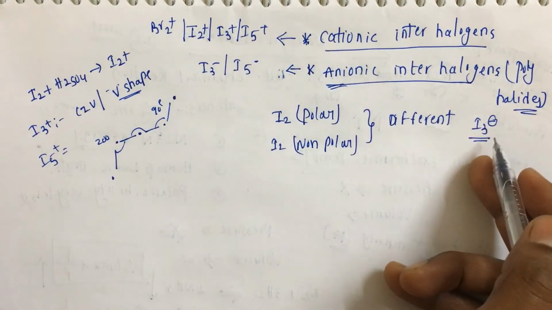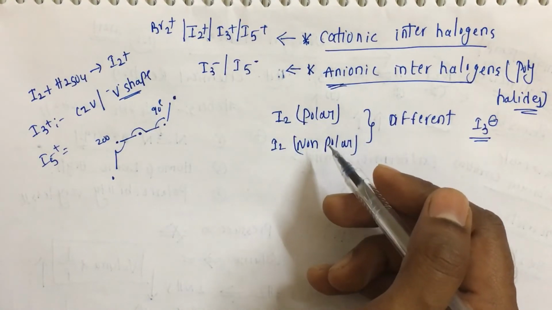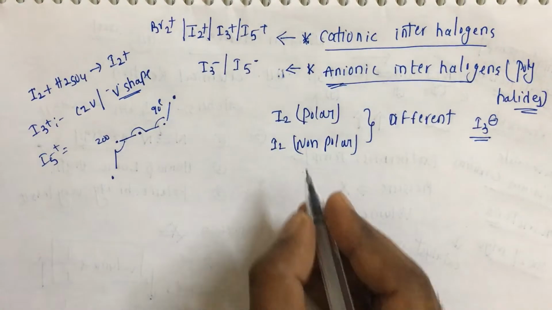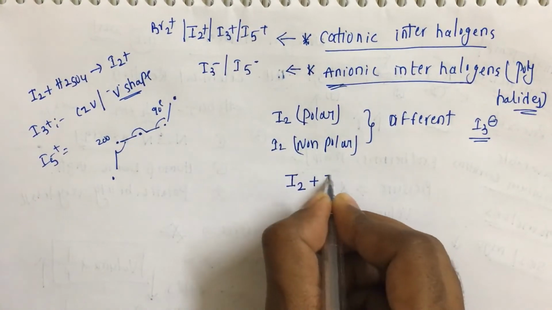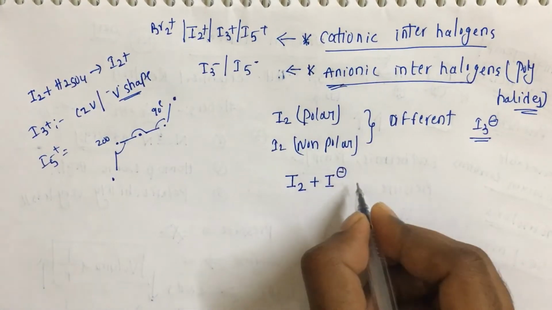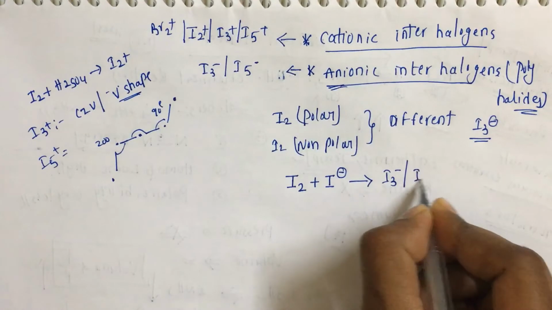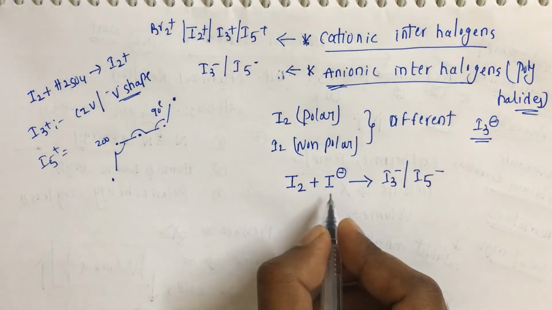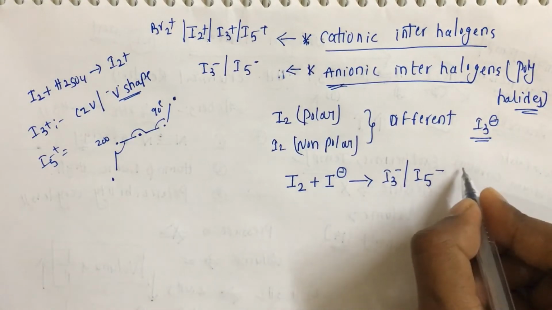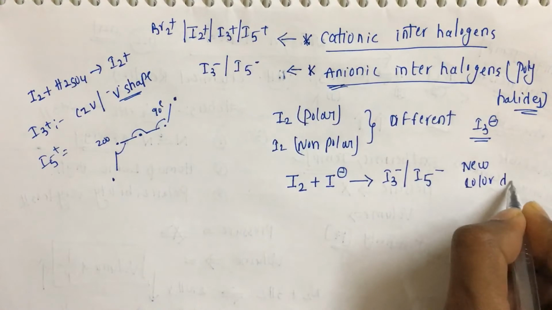Due to the formation of polyhalides, the iodine color is different in polar and non-polar solvents. And similarly, when we dissolve iodine in I- solution, here we'll get I3- and I5-. So upon dissolving I2 in an I- solution, a new color will develop.